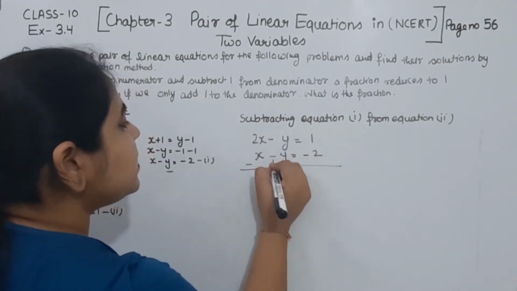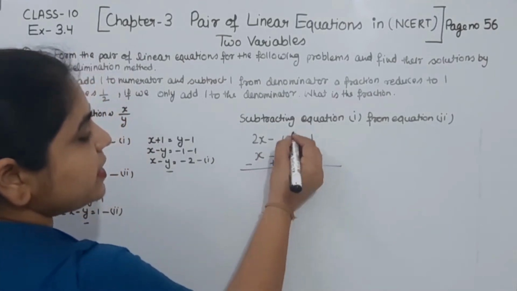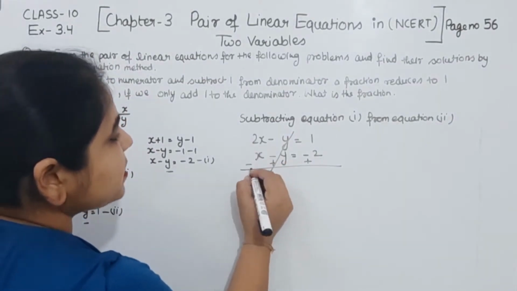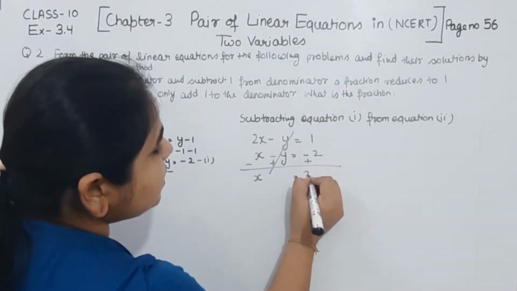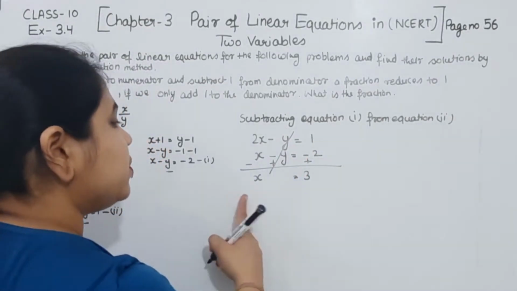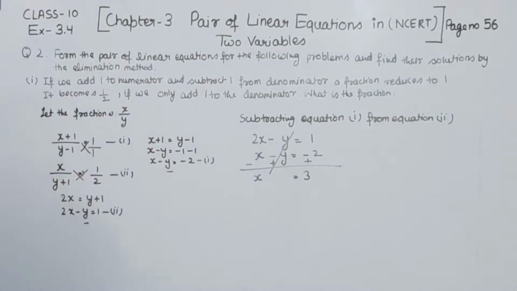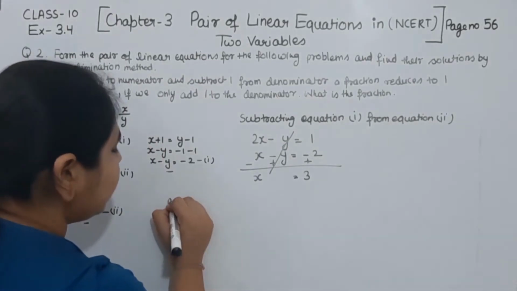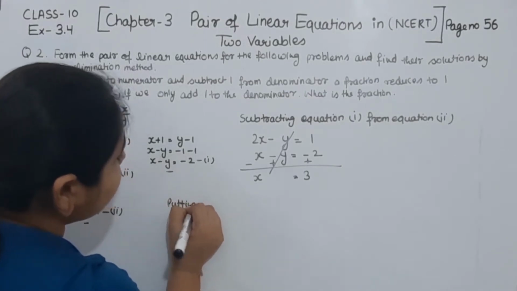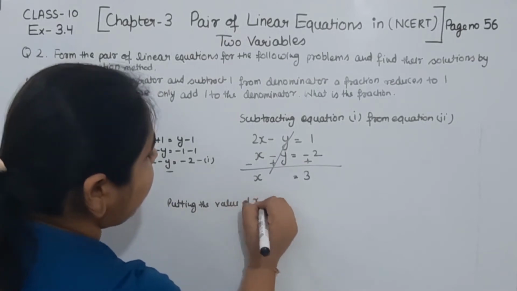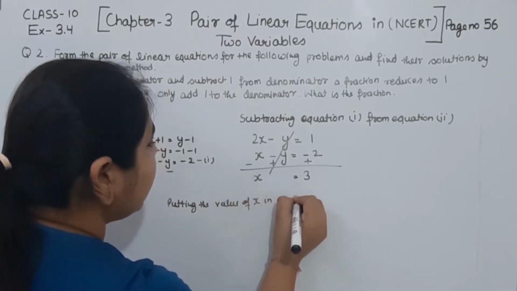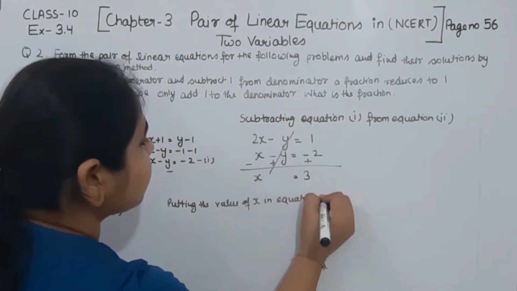Now I want to change the signs here. Plus minus cancelled. Here we will have x, and on this side 1 and 2 plus, which will be equal to 3. So the value of x is equal to 3. Now I'm going to put this in any of the equations, putting the value of x in equation 1.